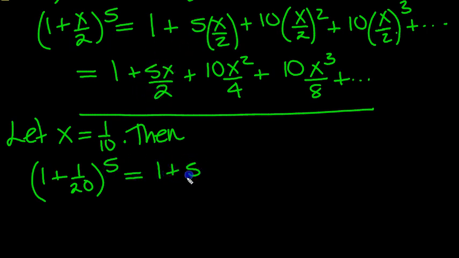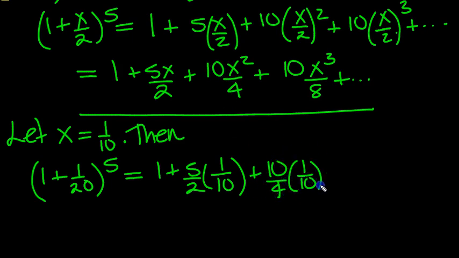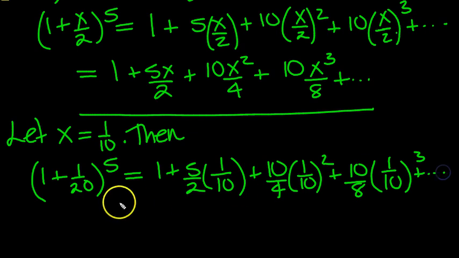1 plus 5 over 2 times a tenth, plus 10 over 4 times x squared, which is 1/10 squared, plus 10 over 8, isn't it, times x cubed, which is 1/10 cubed, plus dot dot dot, which equals 1 plus 5 over 20, which is a quarter.